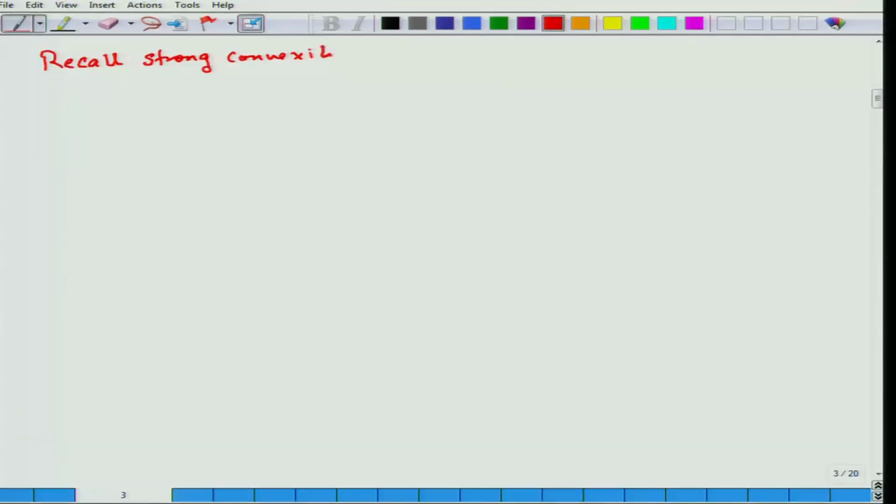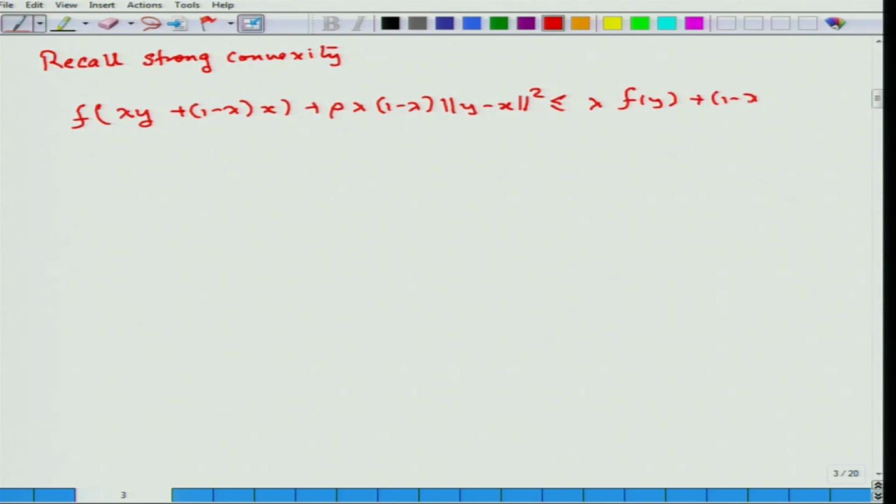Strong convexity means that there would exist a number rho such that for any x, y you give me, I can always write, for any lambda between 0 and 1, this is less than lambda times f of y. Now, this is what is strong convexity, rho being greater than 0.